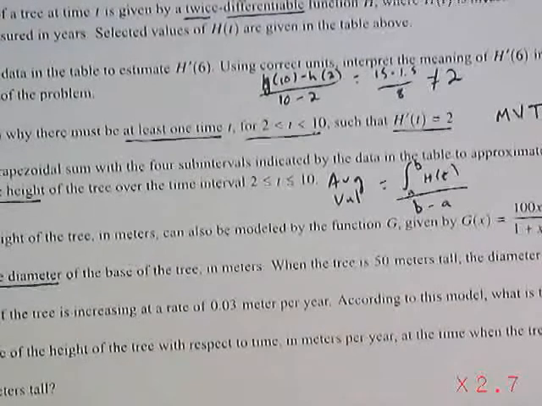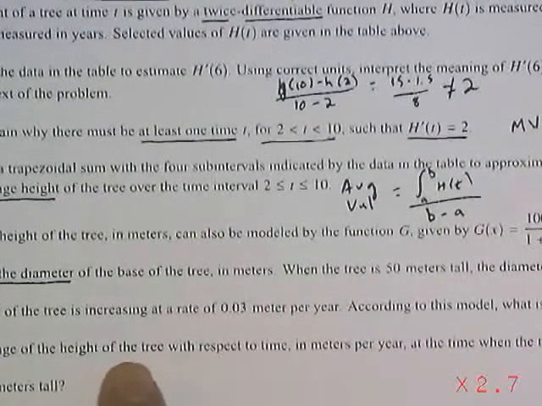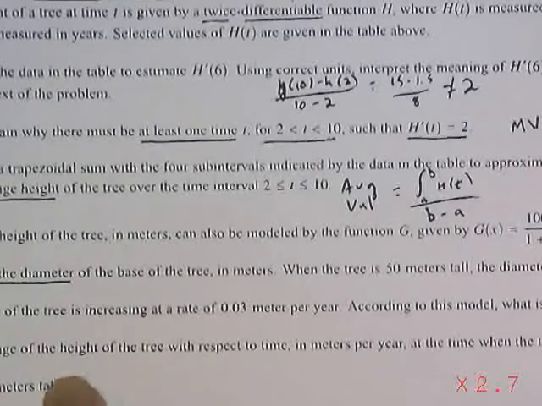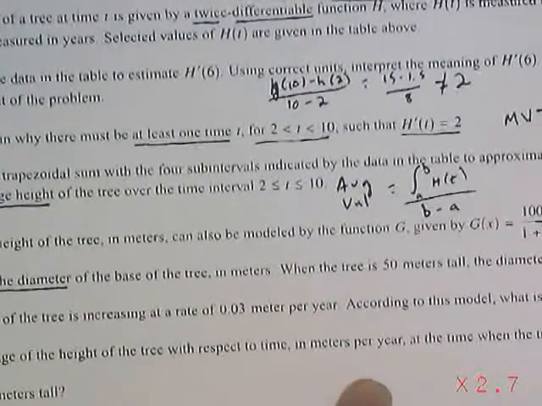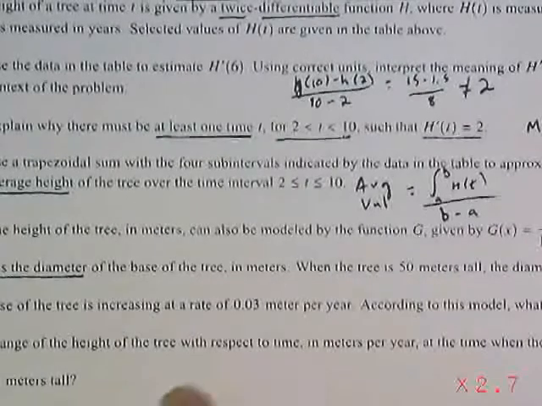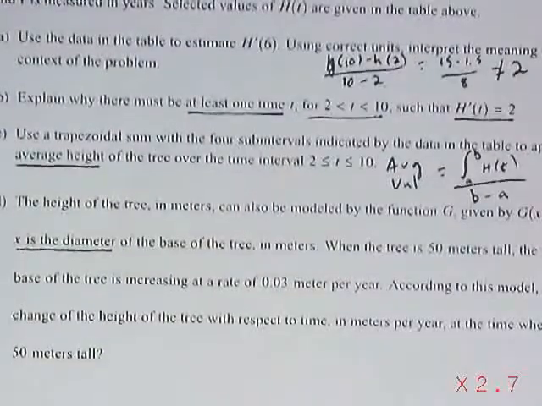According to this model, what is the rate of change of the height of the tree with respect to time in meters per year at the time when the tree is 50 meters tall? What?